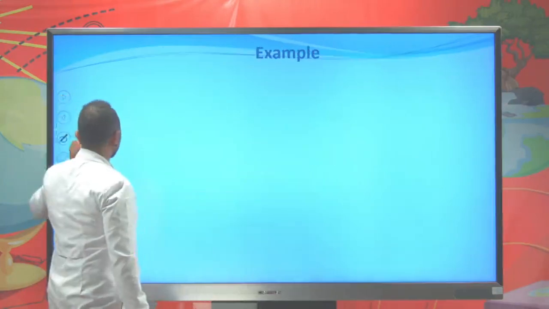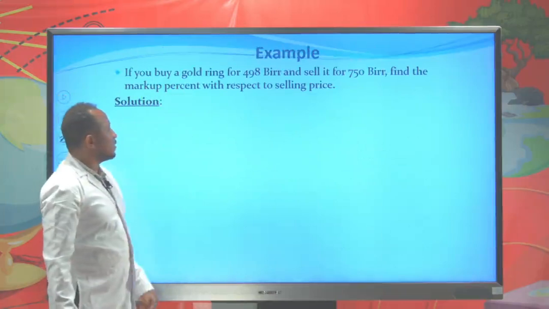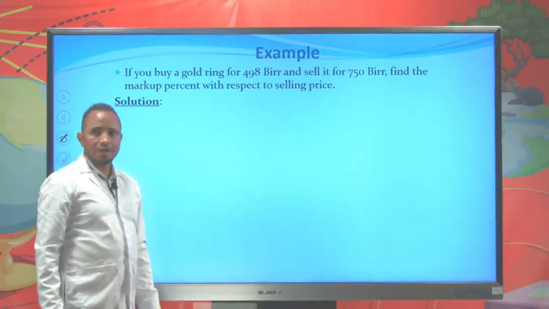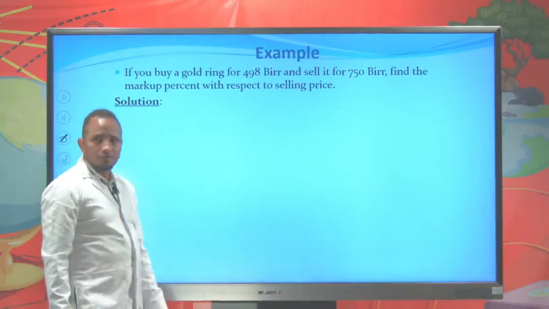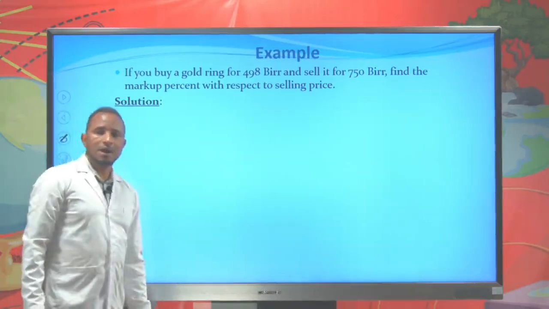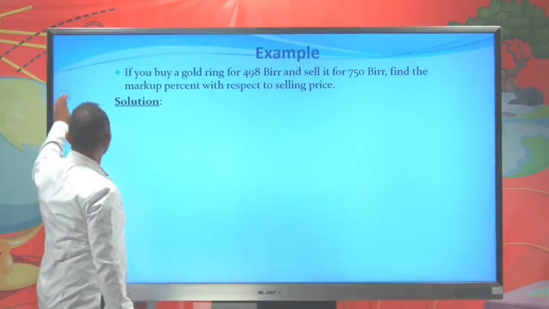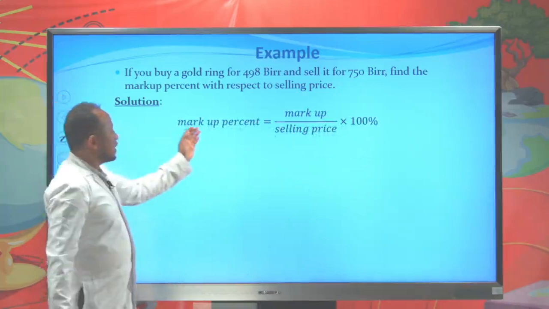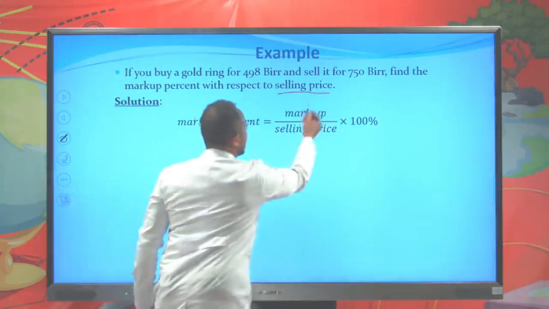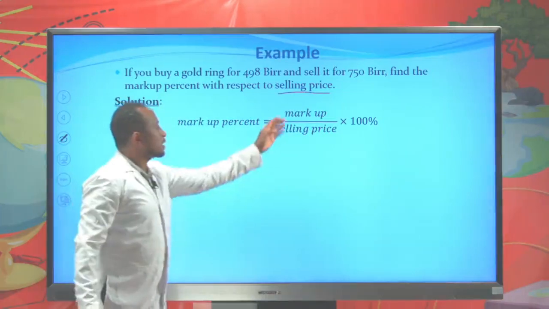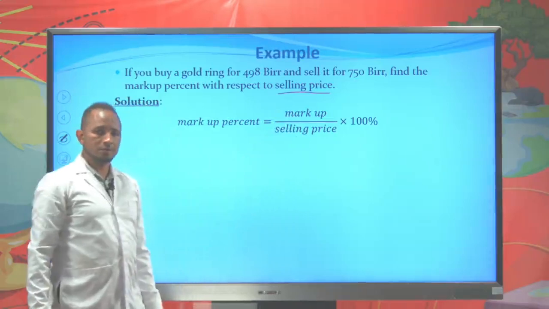Okay, now let's see an example for this. If you buy a golden ring for 498 birr and sell it for 750, find the markup percent with respect to selling price. So let's see the solution. Markup percent with respect to selling price is given by markup divided by selling price times 100%.